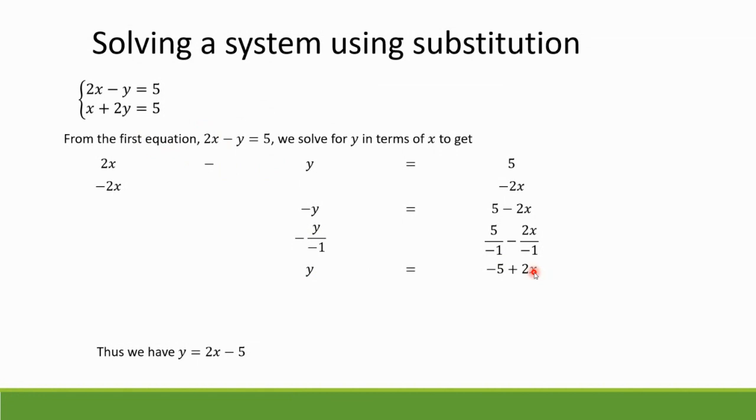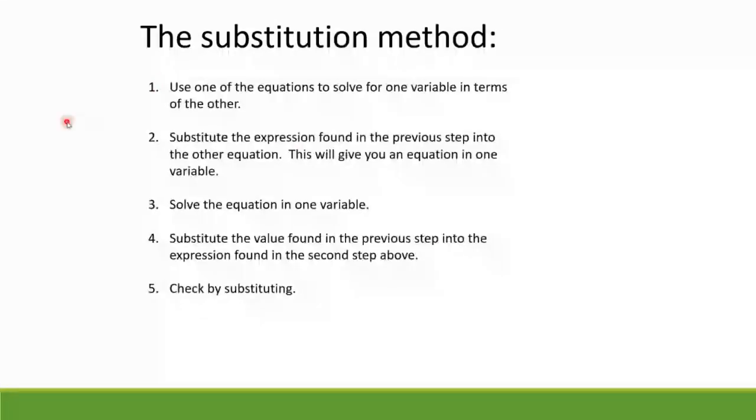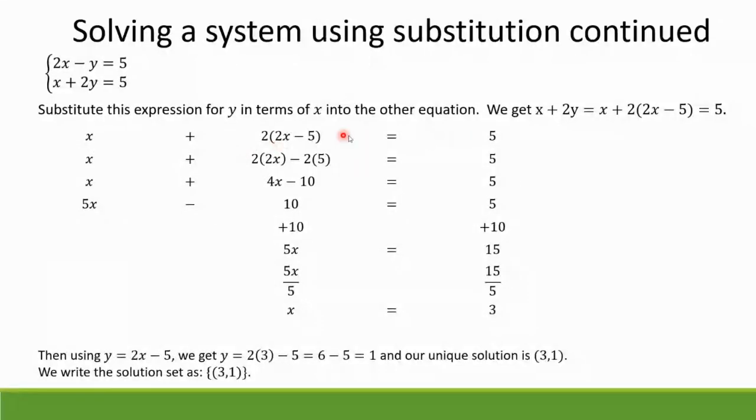Then the next thing we did was we plugged that expression, y in terms of x or x in terms of y, into the other equation. And by doing that, we got an equation in one variable.